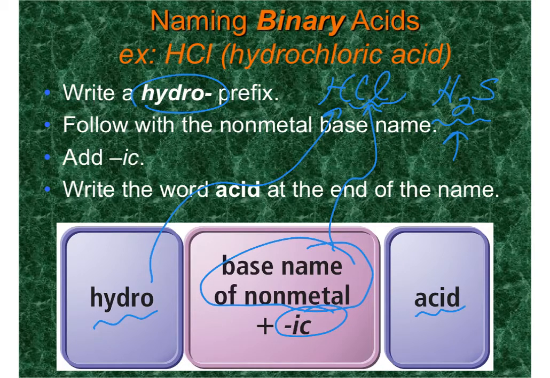So let's put that together in an example. Let's do HCl. Always start with hydro. That is chlorine, so we're going to write chlorine, but we're going to put a suffix of ic on it. So hydrochloric and then acid. All right, that is binary.